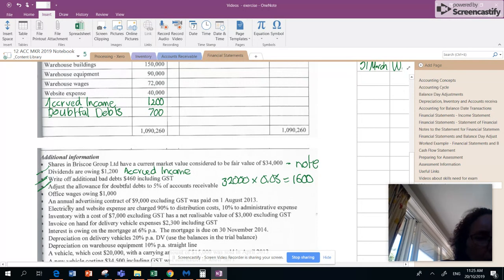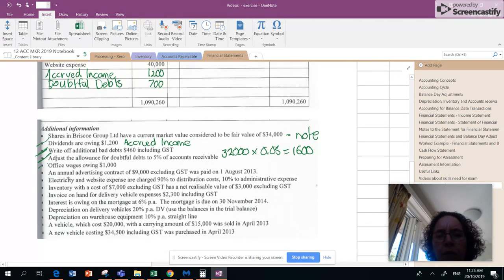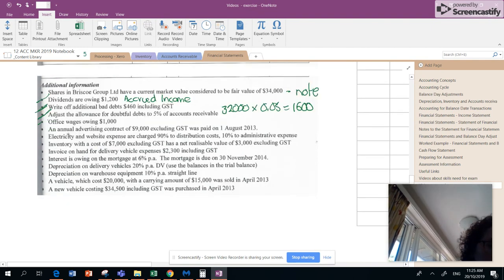Right, now we're going to look at our annual advertising contract of $9,000, excluding GST, was paid on the 1st of August. Okay, so we need to do a little bit of a calculation here. So it was paid on the 1st of August. So let's just draw up our year.